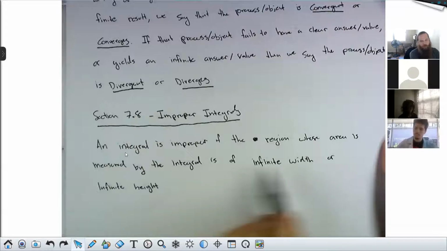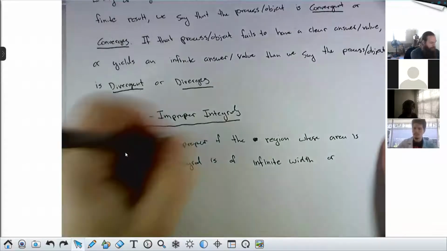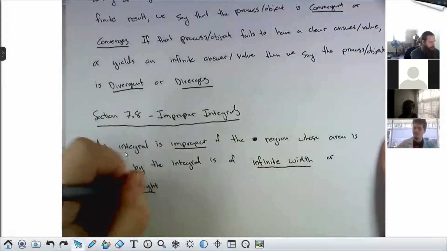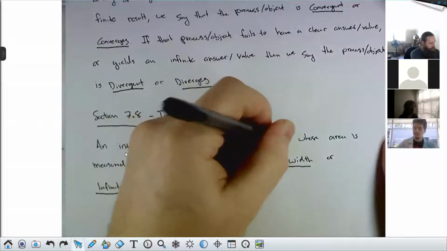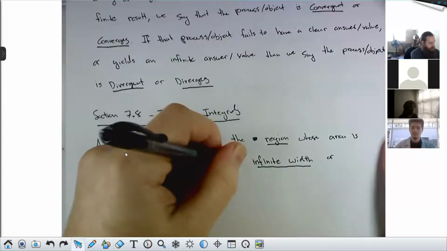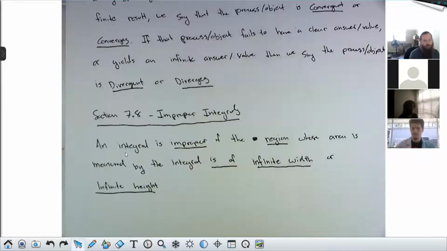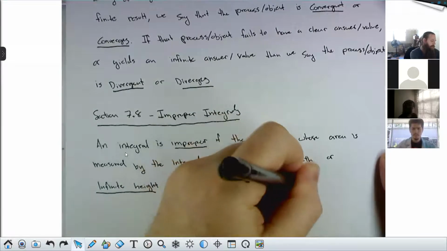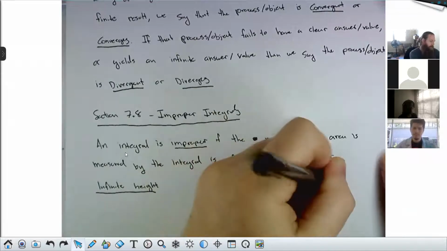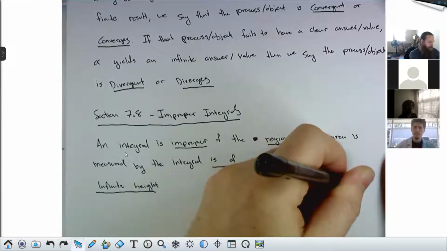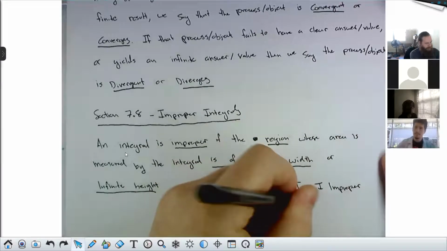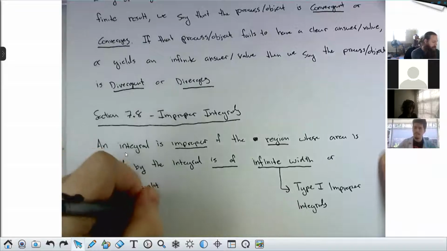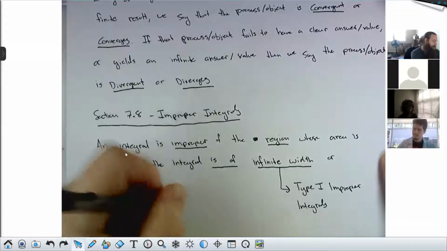If both of these things are true, then certainly the integral is improper. So an integral is improper if the region is of infinite width or of infinite height. Infinite width, we'll call these type 1 improper integrals. Infinite height, we'll call these type 2 improper integrals.